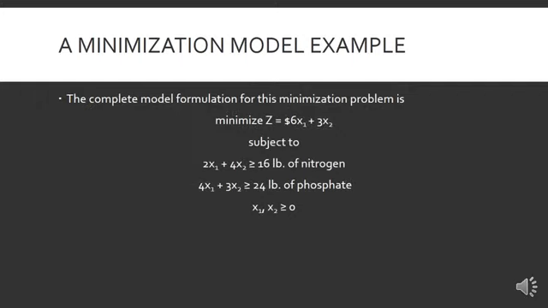The complete model formulation for this minimization problem is, so ito na yung pinaka model equation natin: minimize z is equal to 6x sub 1 plus 3x sub 2 subject to 2x sub 1 plus 4x sub 2 is greater than or equal to 16 pounds of nitrogen, 4x sub 1 plus 3x sub 2 is greater than or equal to 24 pounds of phosphate, where x sub 1 and x sub 2 is greater than or equal to 0.